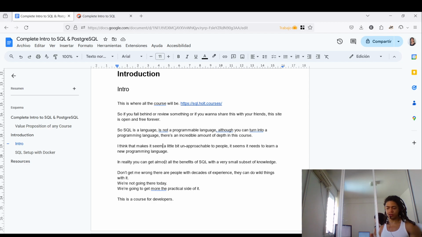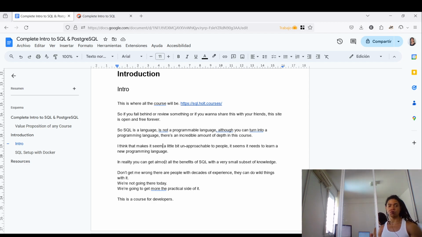But the reality in this course is that you can get almost all the benefit of SQL with a very small subset of knowledge. And this is highly in demand because it covers the vast majority of use cases.